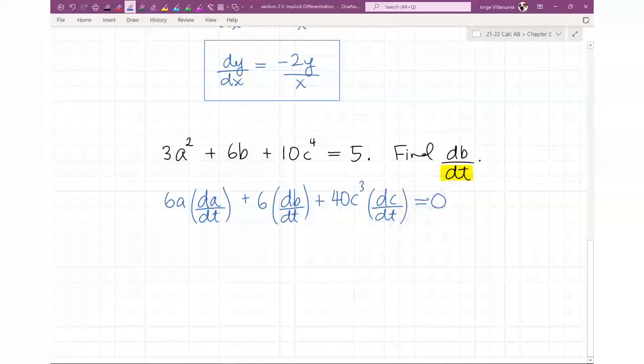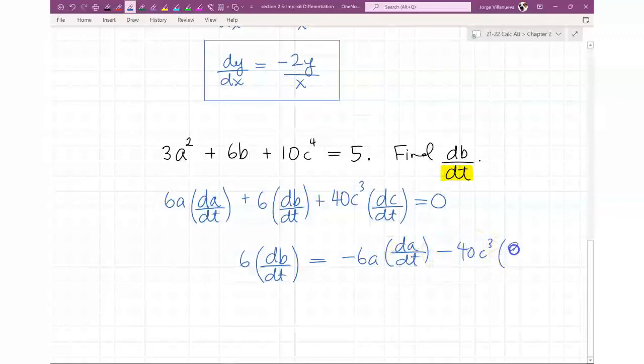So move everything. No matter how weird it looks, you're going to move everything. I'm going to move the 6a da/dt and the 40c cubed dc/dt at the same time, to the right, just by subtracting. So 6 db/dt is equal to negative 6a da/dt minus 40c cubed dc/dt.